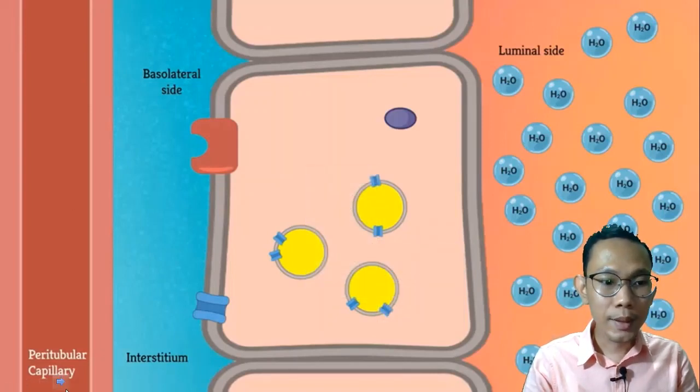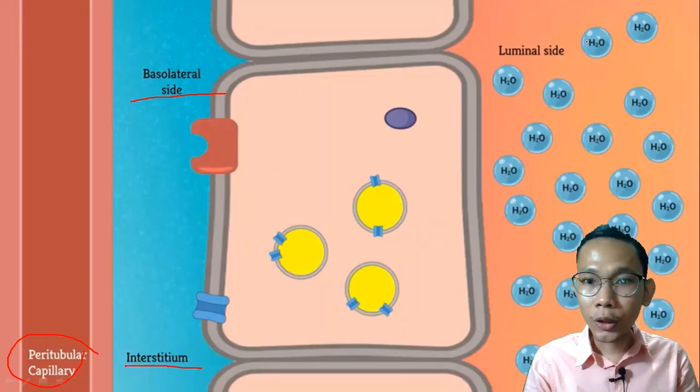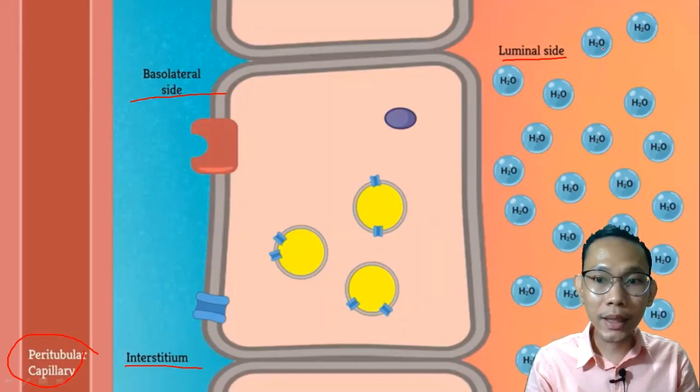Again, this is your blood vessel or your peritubular capillary. This is the basolateral side, or what we term your interstitium. This is your luminal side. This is where your water is being excreted as urine. So this water will now be excreted as urine.